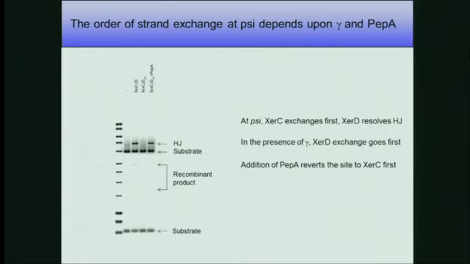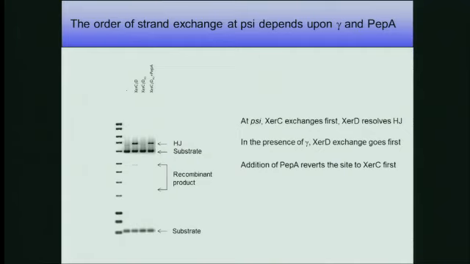If you have these hyperactive mutants, then XCRD cleaves to give you that holiday junction product, and if you have a mutant D which can't cleave, you get nothing. If you have the mutant D which can't cleave, and you add PEP-A to it, then you get lots and lots of holiday junction product.